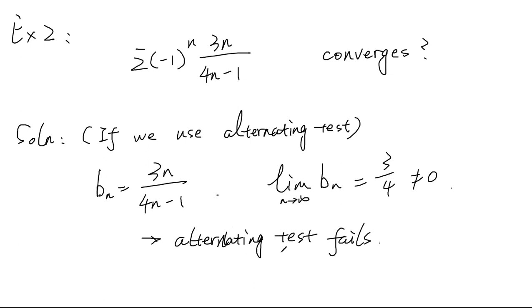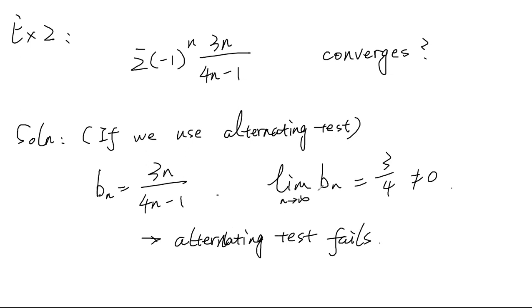But even though the alternating series test failed, we still don't know whether this series is convergent or divergent just from the test, because this is a test that can only tell you the series converges when it's actually convergent. When the series is divergent, you get no information from this test.